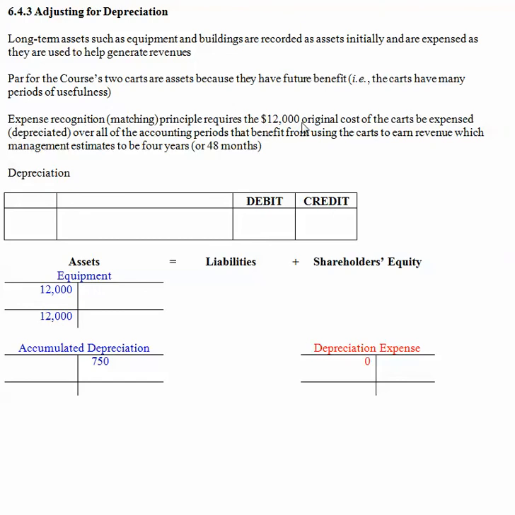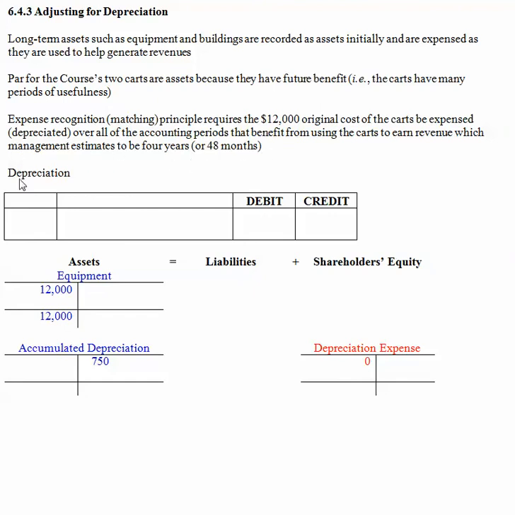How much needs to be expensed depends on how long management thinks they're going to use these carts, how long they think they're going to benefit from it. Well, in this example, it tells us that they're going to use the carts for 4 years or 48 months.